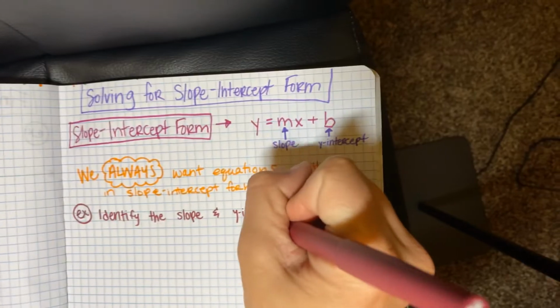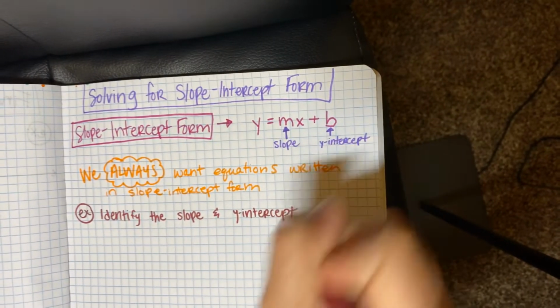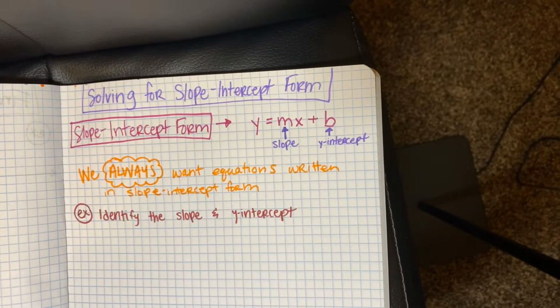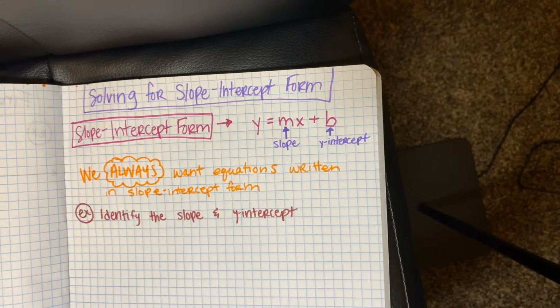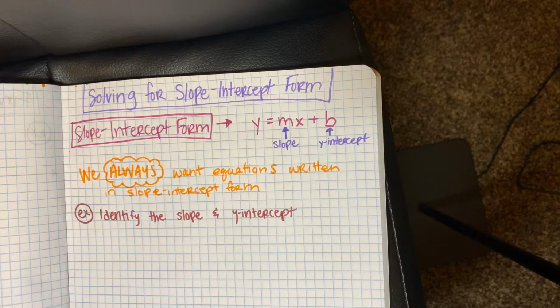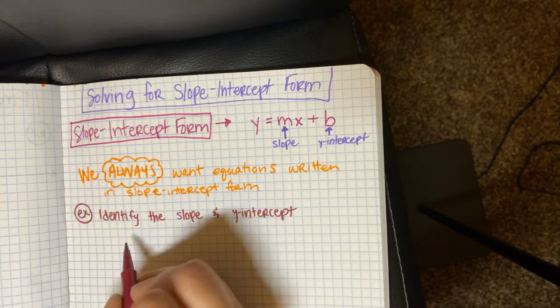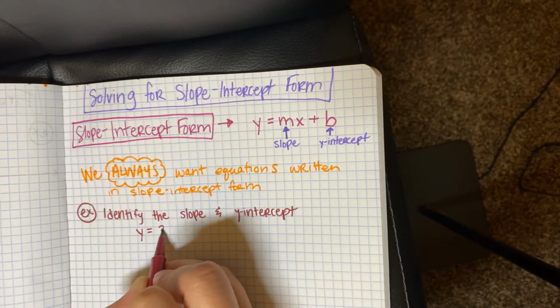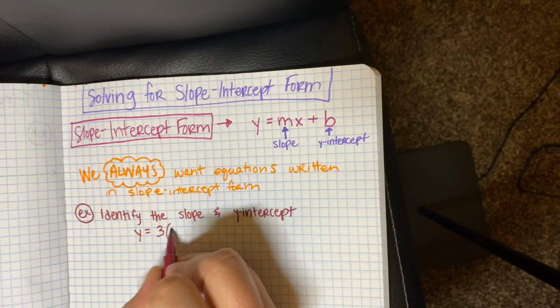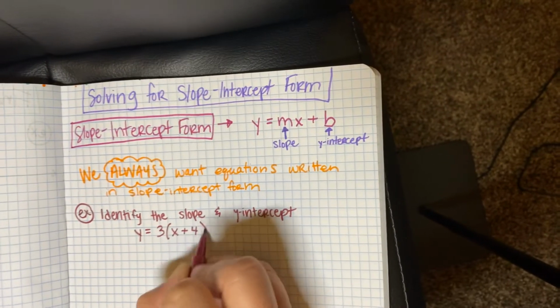and y-intercept. Now, just to be clear, if it wasn't clear at the beginning, you should be writing these notes down as I go, just so you can have them for when we do problems. So the first problem will be y equals 3 times x plus 4.